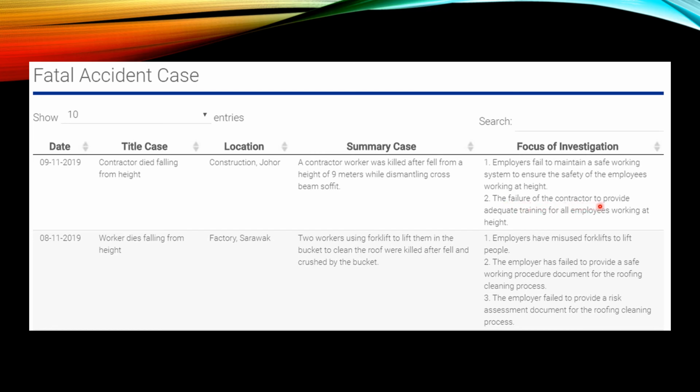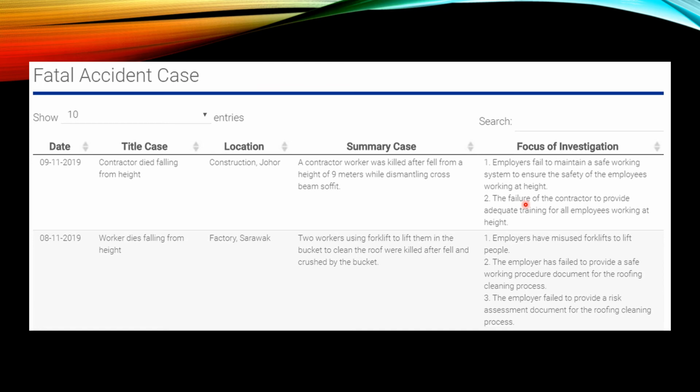The contractor also failed to provide adequate training for working at height. So it is most likely, even though it's not mentioned here, that the contractor who fell was not wearing a harness. Basically, it's something like a vest that you wear that is attached to a rope or cable, and the other end you attach to something secure.